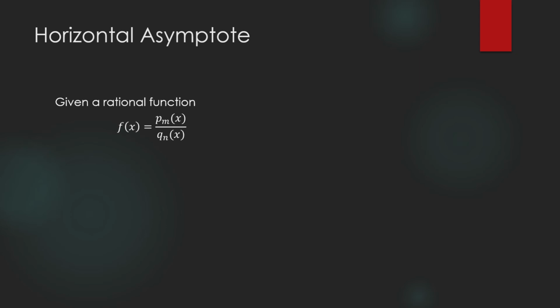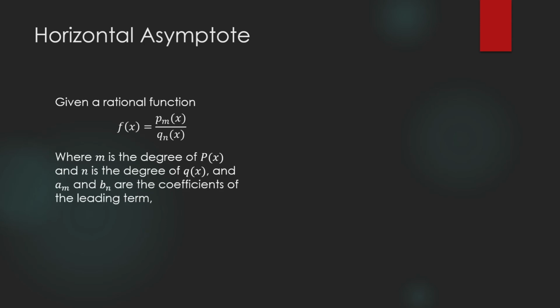This is the summary. Given a rational function f of x is equal to p of x over q of x, we are assuming that it is already in reduced form. M is the degree of your function in the numerator, n is the degree of your function in the denominator. So these are polynomial functions.